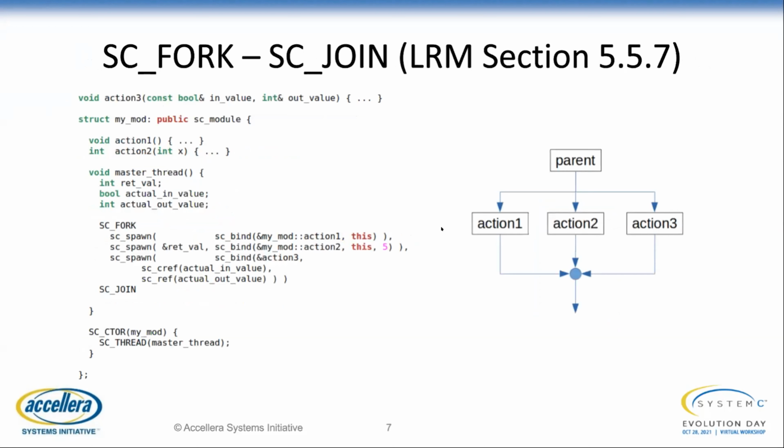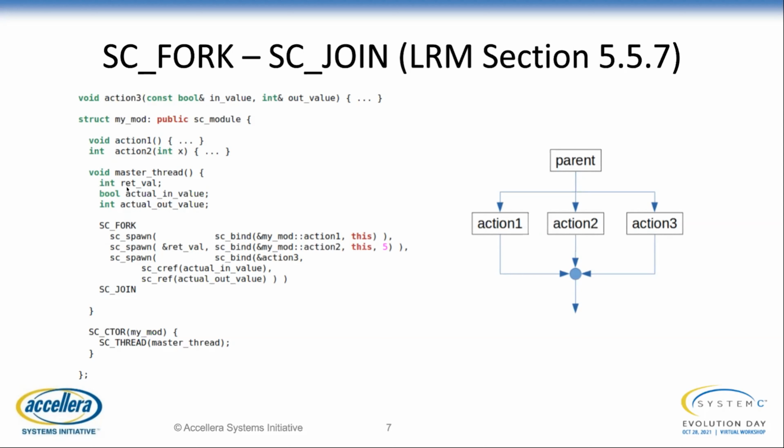Also there are the SC fork and SC join macros, which allow you to spawn multiple threads, and then the parent can wait for all of them to finish before resuming. And SystemC basically gives a lot of flexibility here.